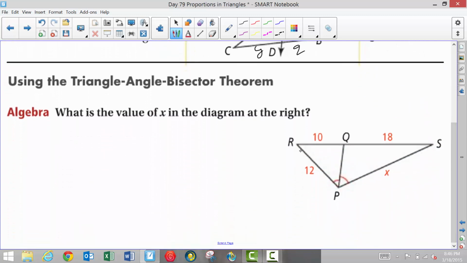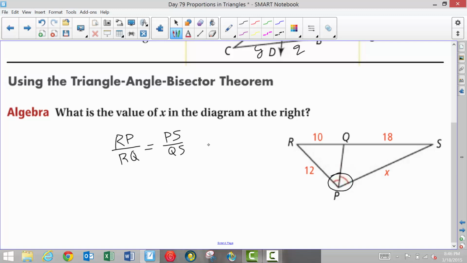So what's the value of x in the diagram at the right? Well, I notice that I have angle bisectors. Therefore, I have proportional sides created. So I know that r to p over r to q is proportional to p to s over q to s. Okay, why?